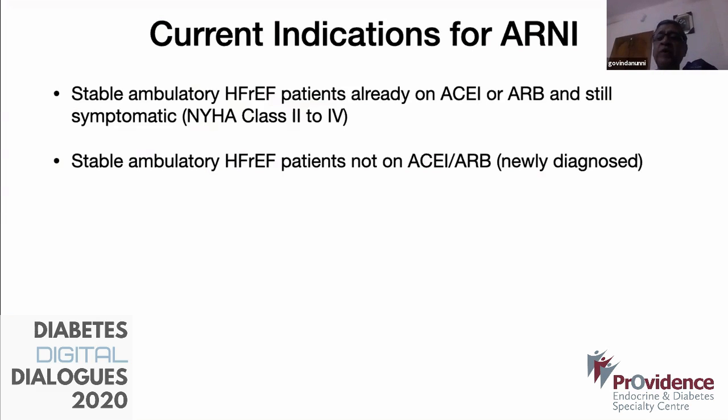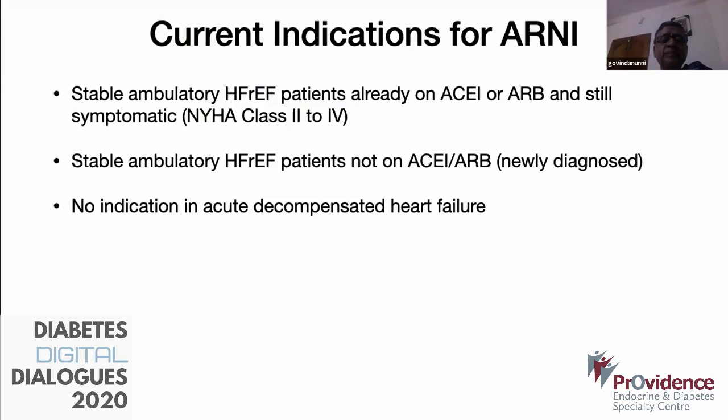And also, you can avoid the problem of switching from ACE to ARB to sacubitril/valsartan if you initially start these patients on ARNI. So heart failure with reduced ejection fraction, not on ACE or ARB, newly diagnosed, again, you can start the sacubitril/valsartan combination.